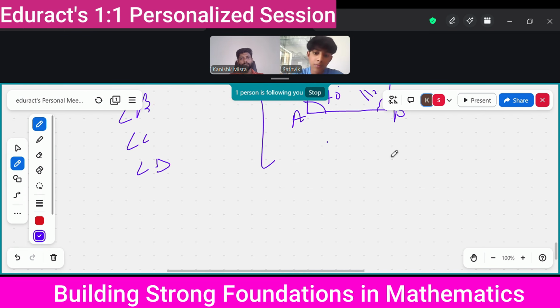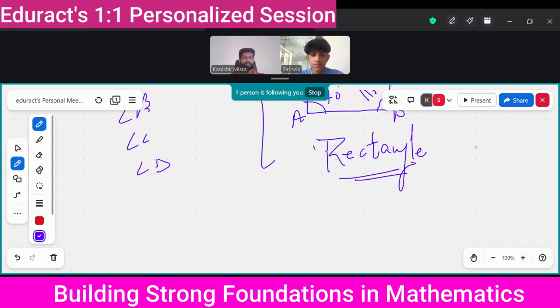Let's take the case of a rectangle. What is a rectangle? Two equal sides.